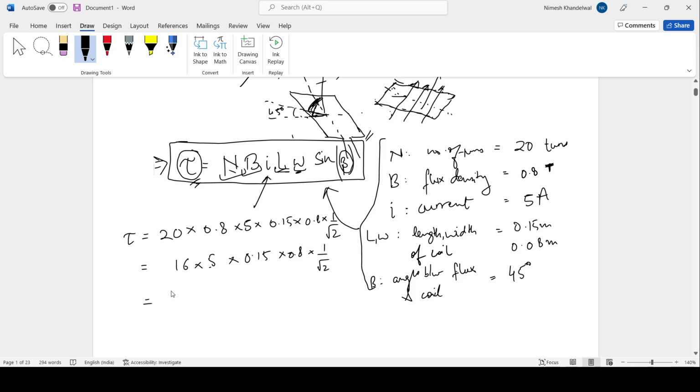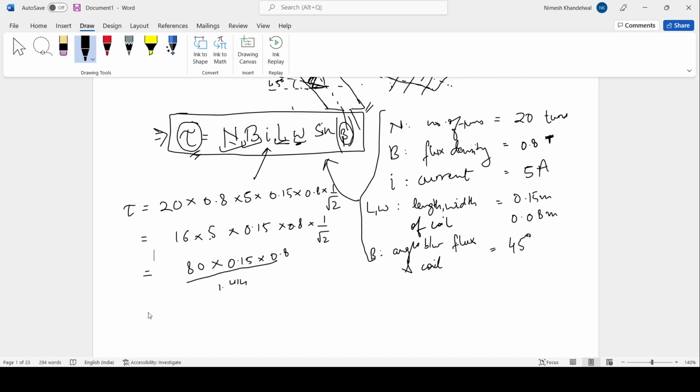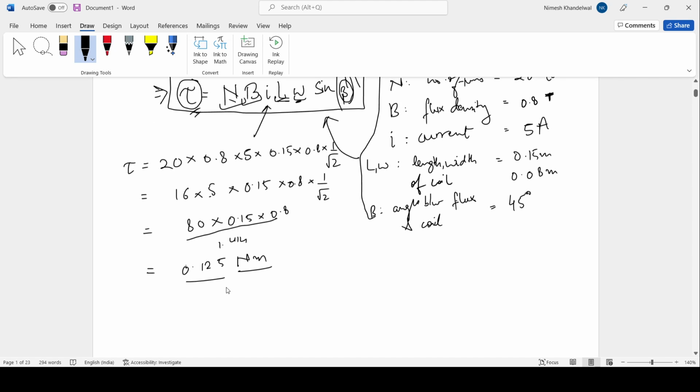If you do this on your own, what you'll get finally is approximately 0.125 Newton meters of torque. This is the final torque that you'll get.